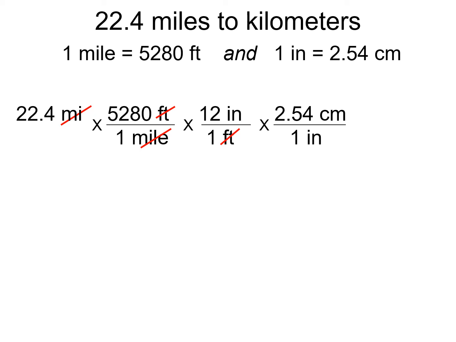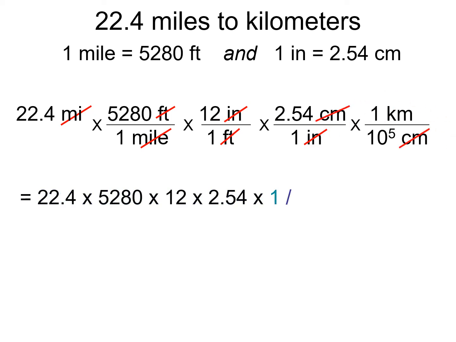So there's 100,000 centimeters in 1 kilometer. So converting from centimeters to kilometers, we go 100,000 centimeters to 1 kilometer, which is 10 to the 5th power centimeters to 1 kilometer. Now you see all these, the miles, feet, inches, and centimeters cancel and leave me with kilometers as my final answer.